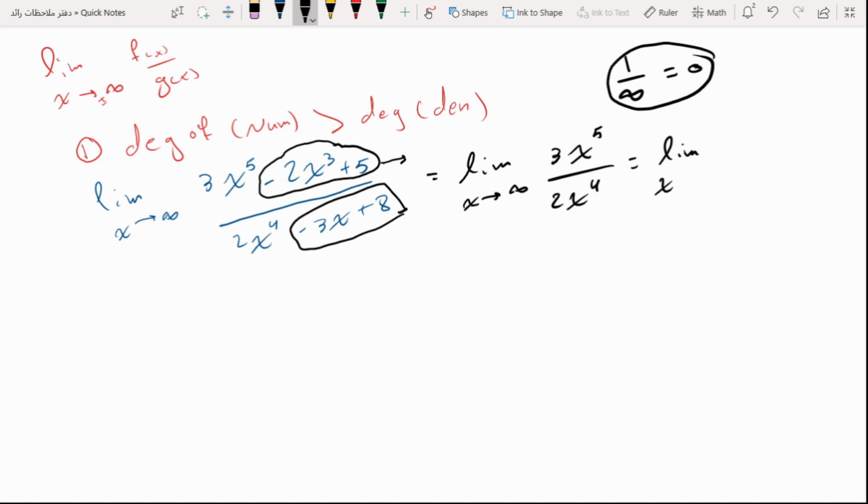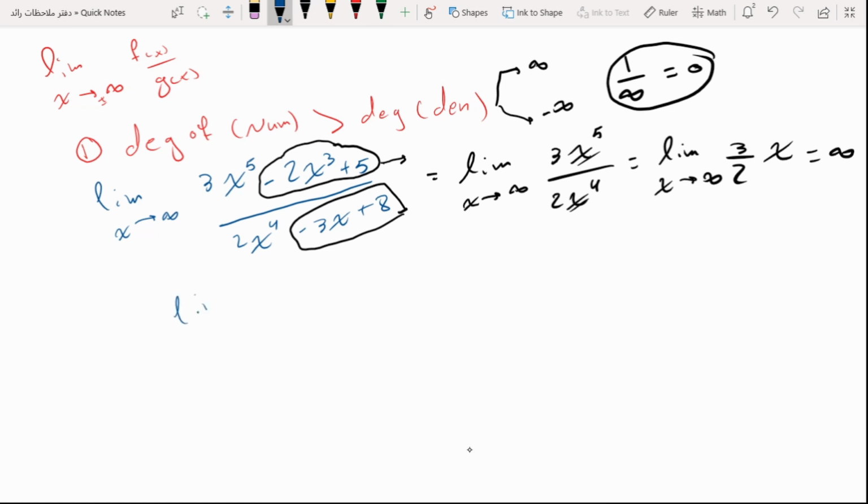Limit as x approaches to infinity, simplify, it will be 3 over 2 x as x approaches to infinity, it will be infinity. عشان هيك الكيس الأولى إذا كان degree of the top is greater than the degree of the bottom, the answer will be we have two cases, maybe infinity maybe negative infinity. يعني ناخذ example كيف بيطلع معنا negative infinity.